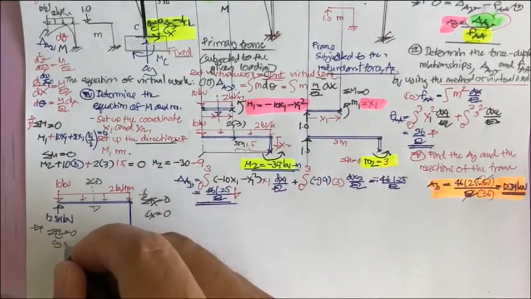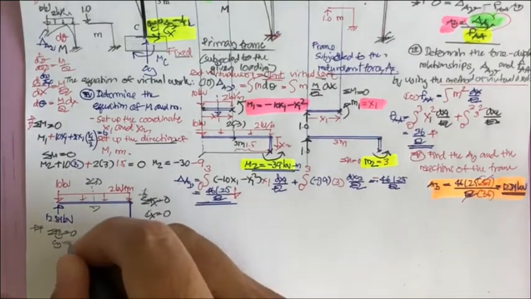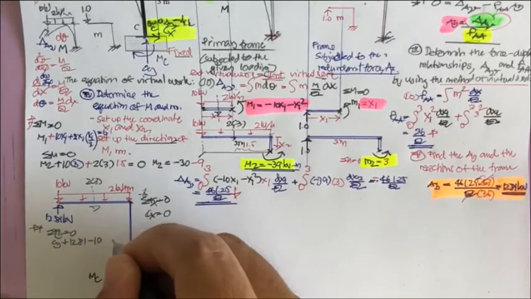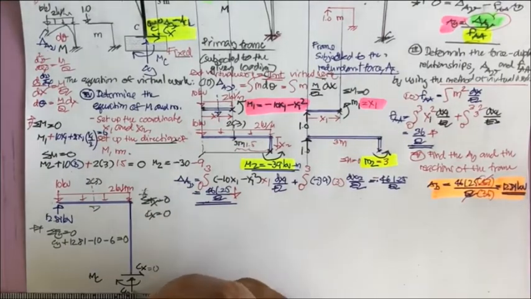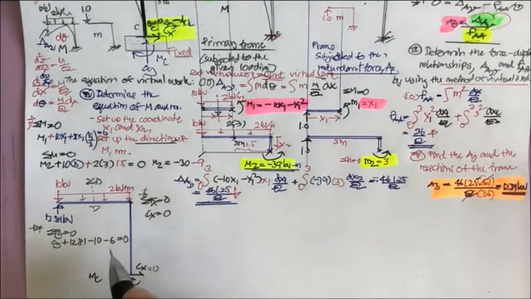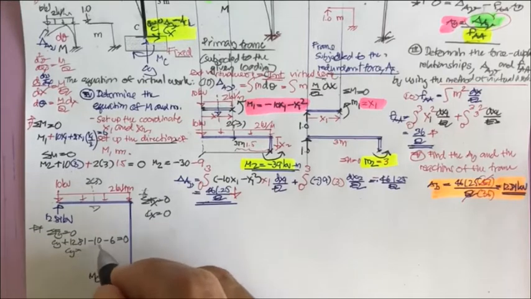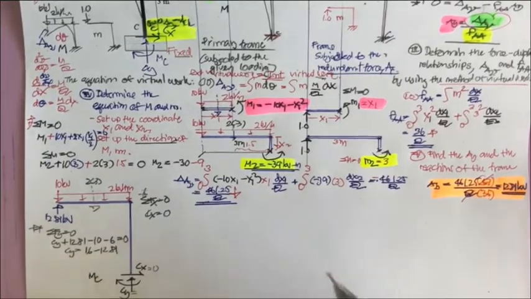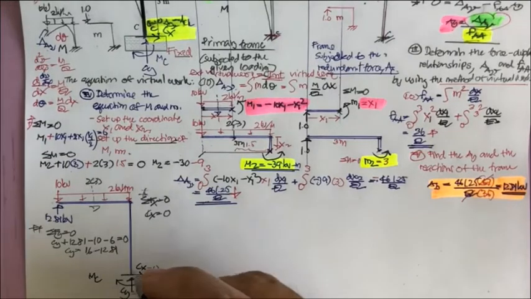So this is going to be upward, plus 12.81 minus 10 minus 6 equal to 0. If you put this into your equation, your C sub Y is going to be 16 minus 12.81. Okay, so C sub Y is going to be 3.19 kilonewton.